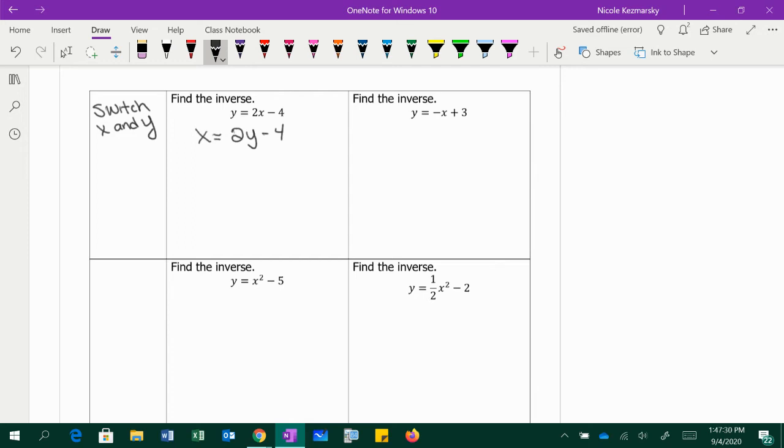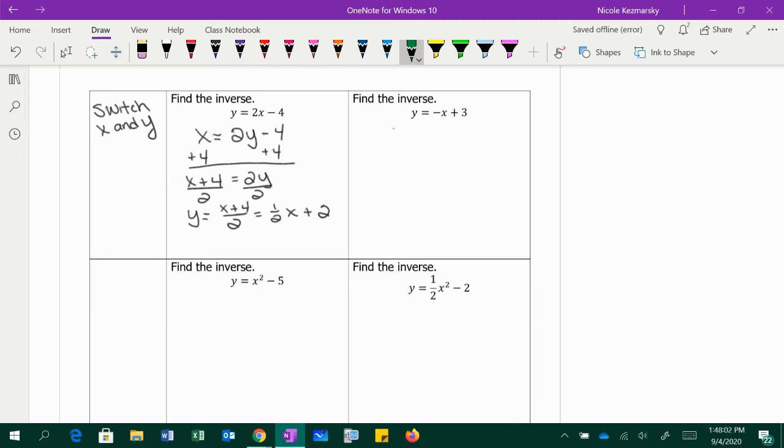So whenever you can, in these cases, solve it for y. So I'm going to do plus 4 and get x plus 4 equals 2y. I'll divide by 2 and get y equals x plus 4 over 2. Or if you want, 1/2 x plus 2, so that it looks like y equals mx plus b.